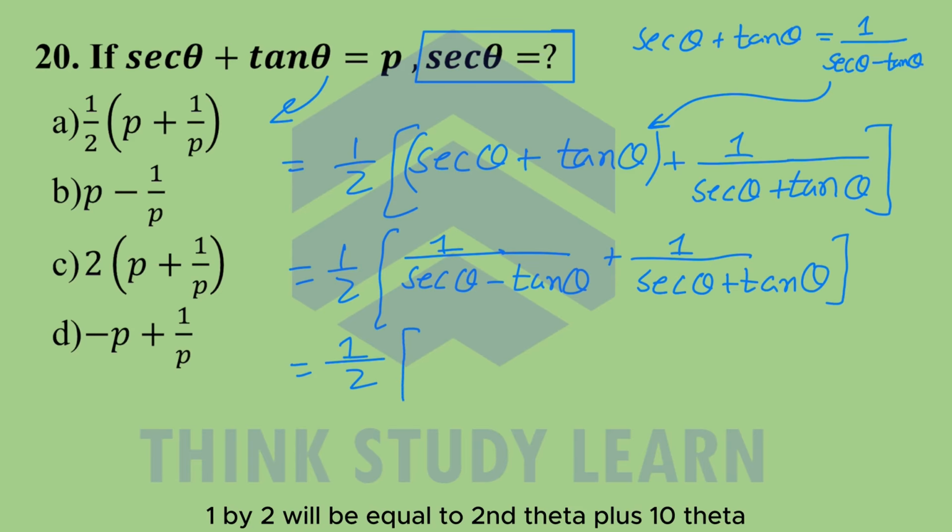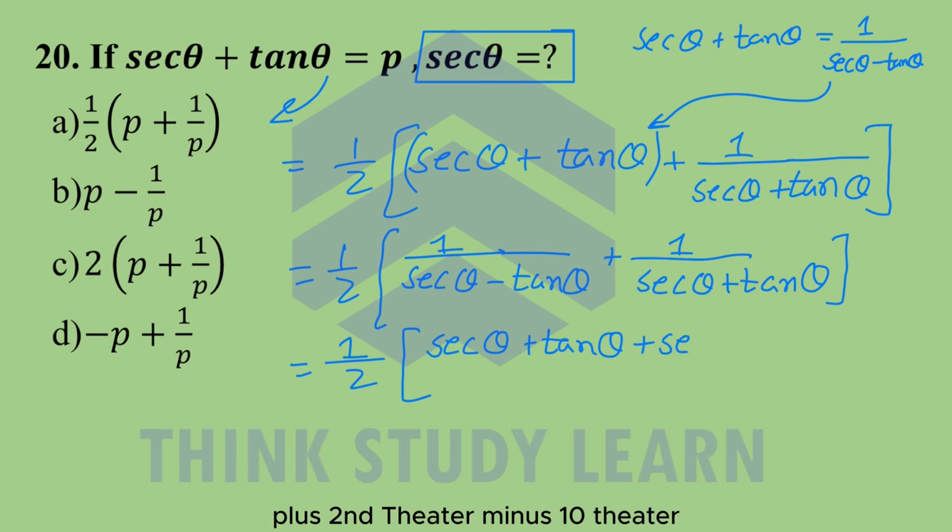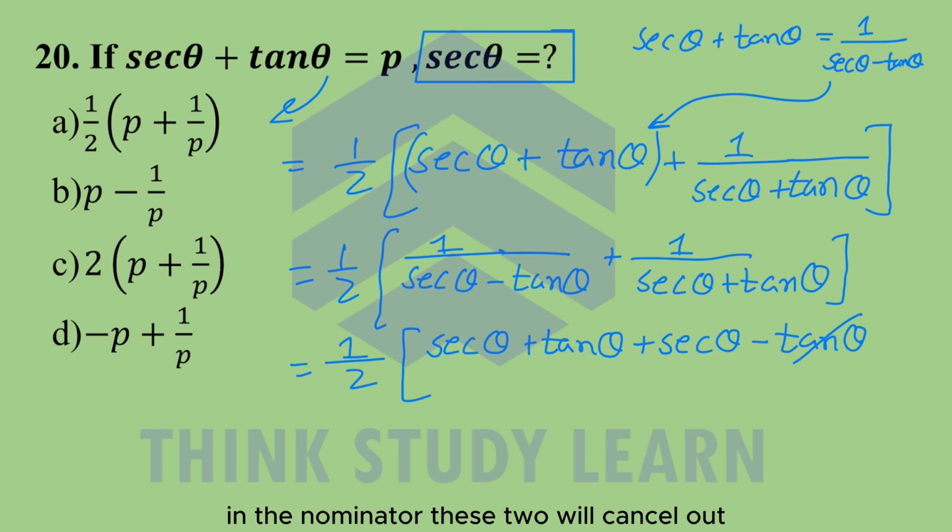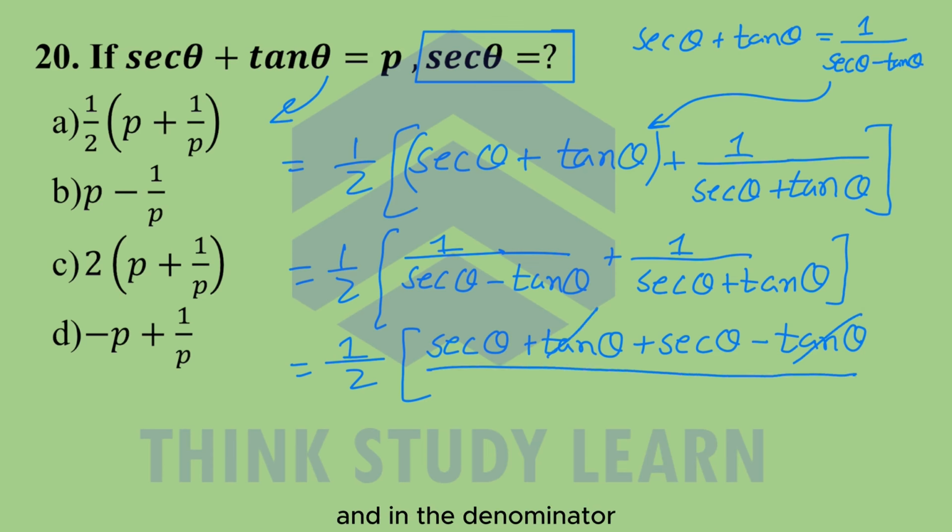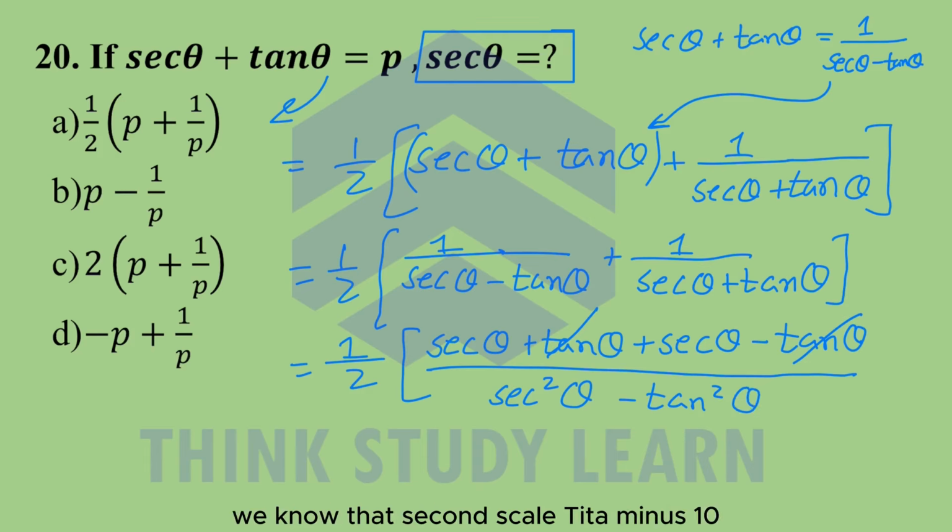1 by 2 will be equal to secant theta plus tan theta plus secant theta minus tan theta in the numerator. These two will cancel out, and in the denominator it will be the formula of a square minus b square, that will be equal to secant square theta minus tan square theta. We know that secant square theta minus tan square theta is equal to 1.